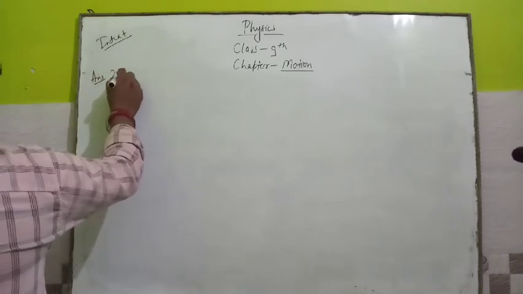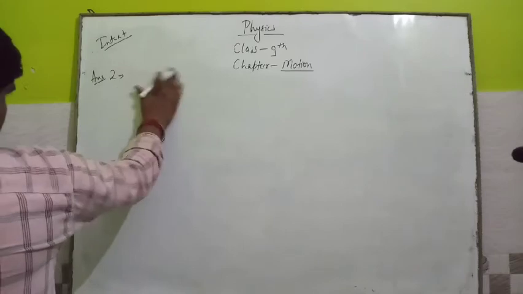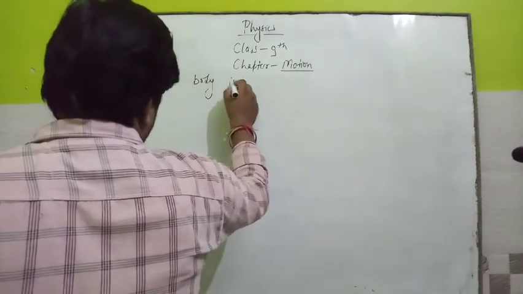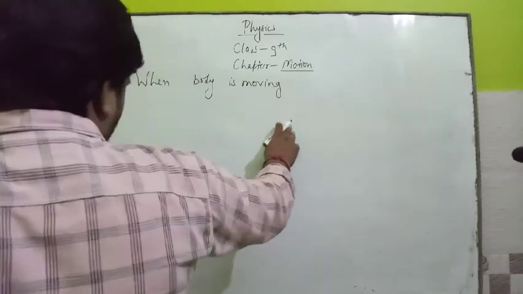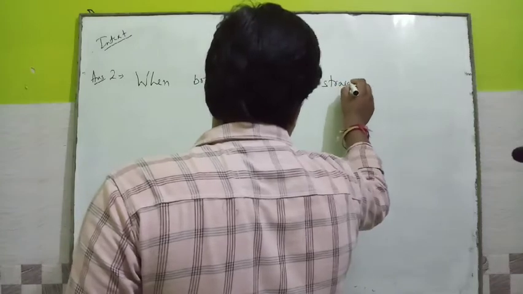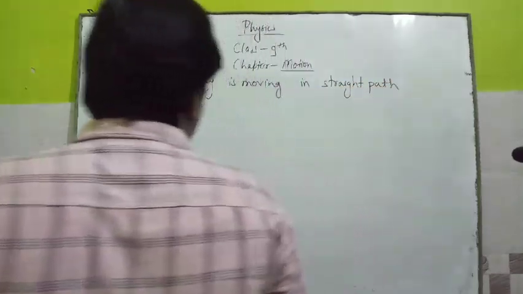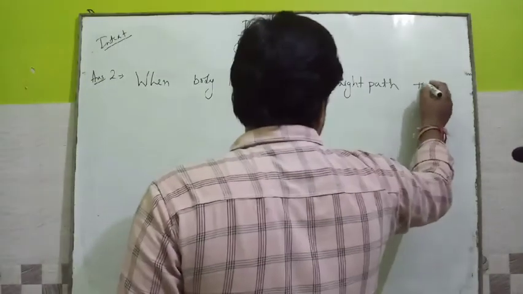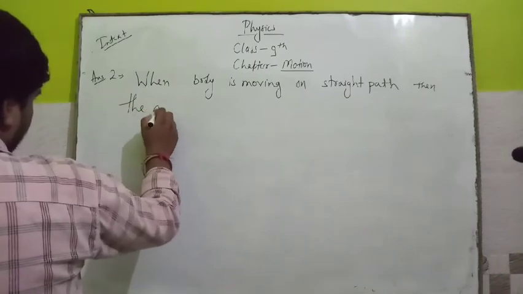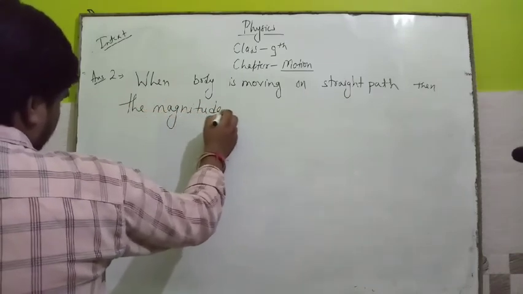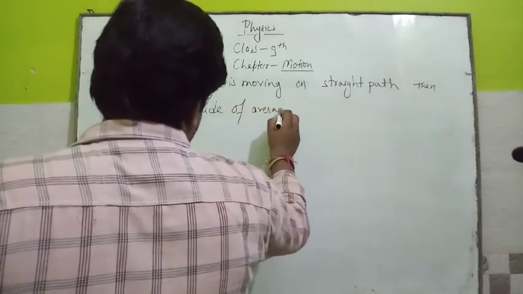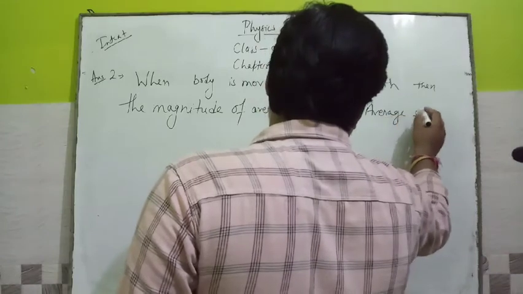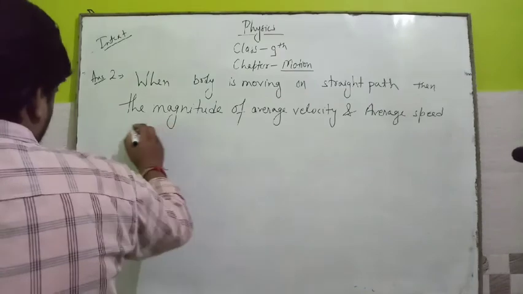Answer 2: when a body is moving on a straight path, then the magnitude of average velocity and average speed will be equal.